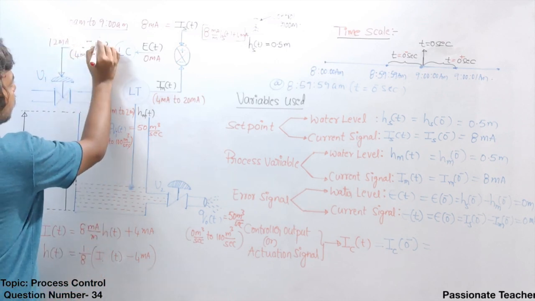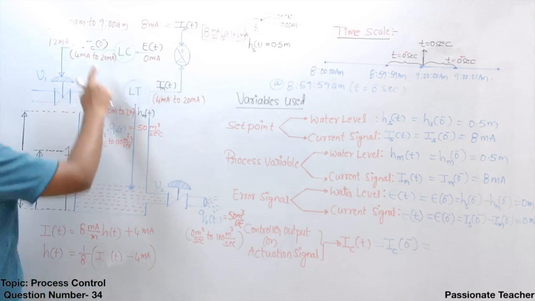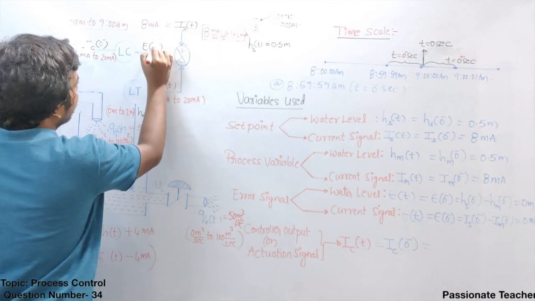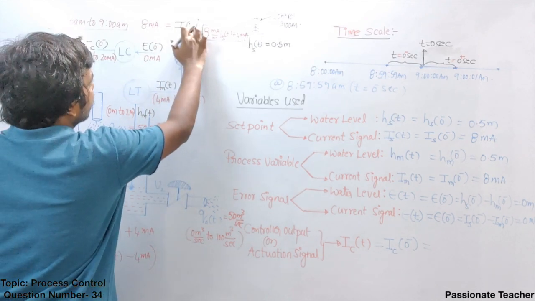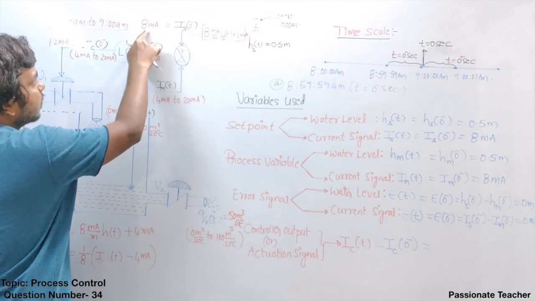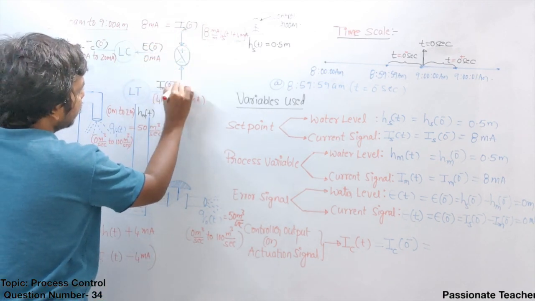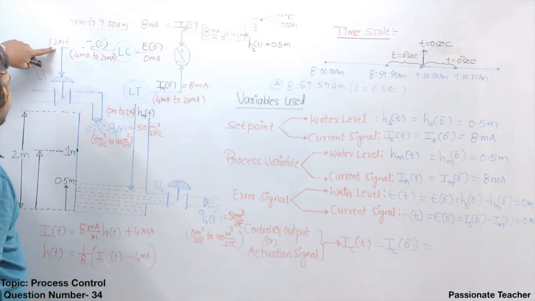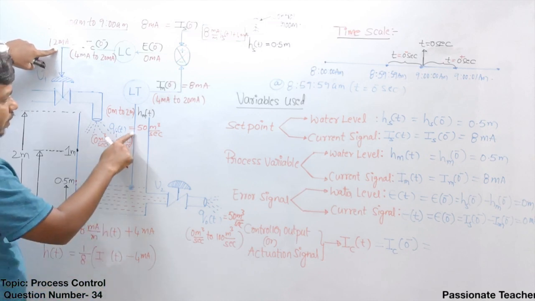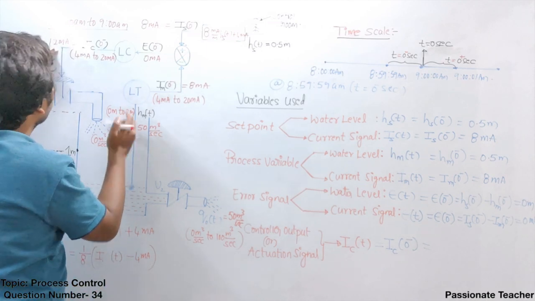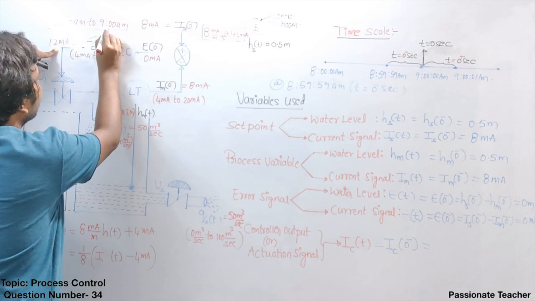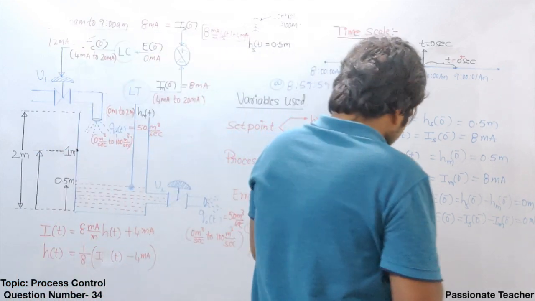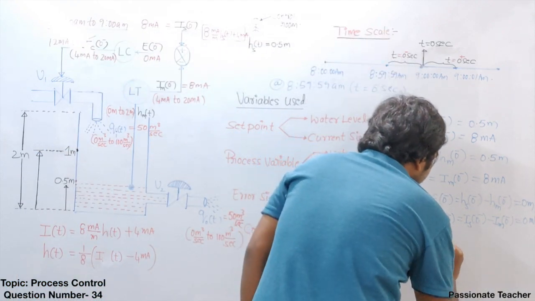That means Ic of 0 minus, before 9 am, the current generated by the controller should be equal to 12 milliampere even when the error is 0 milliampere, because the set point just before 9 am is 8 milliampere and the measured current is also equal to 8 milliampere here, correct? If it is not generating 12 milliampere properly, it will not be at 50 meter cube per second. So our controller, even before 9 am, is generating 12 milliampere current.